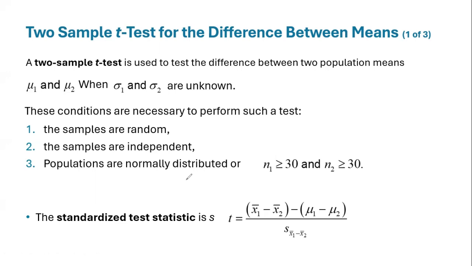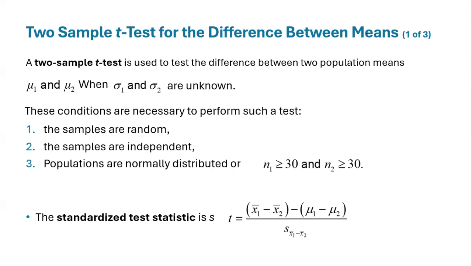The standard error. If you remember, in the last section the formula we had for the t-test was t equals x bar minus mu over s over the square root of n.